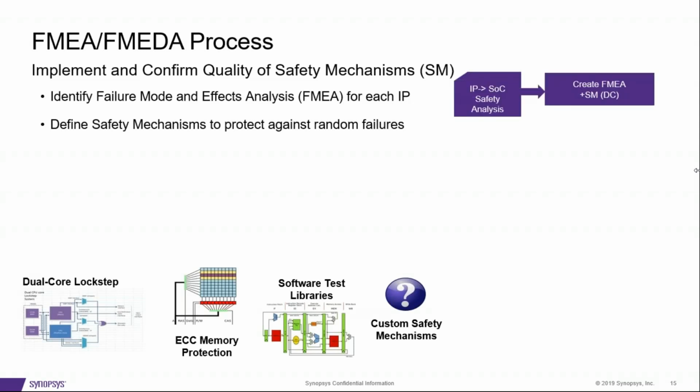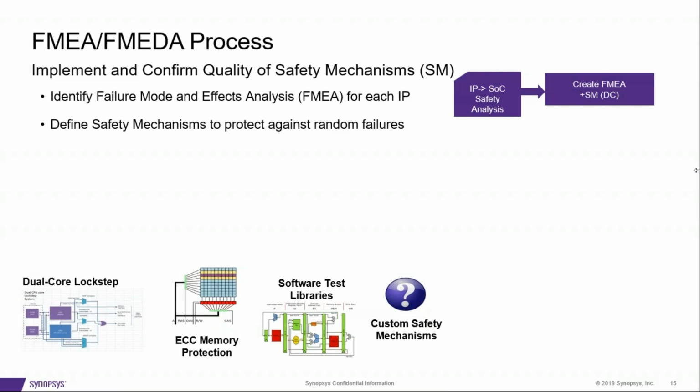So the initial process is FMEA, that's failure mode effect analysis. Essentially what this process allows you to do is identify failure modes for the various blocks in the design, and conduct some effects analysis. You're doing what it says, what can go wrong, essentially. That's what you're trying to capture initially. What can go wrong in the design?